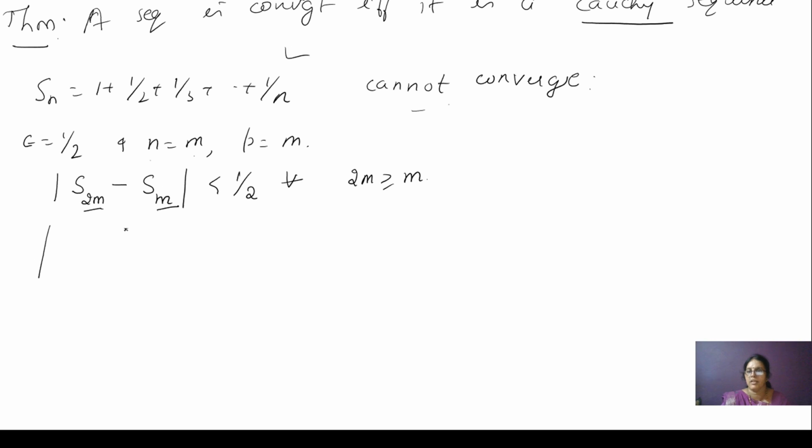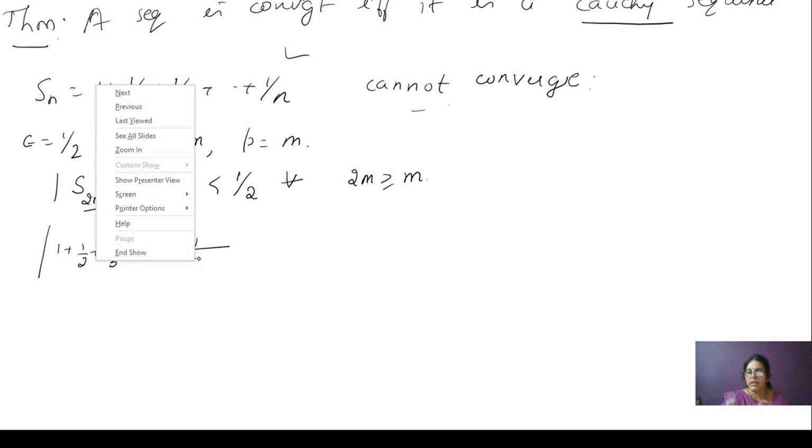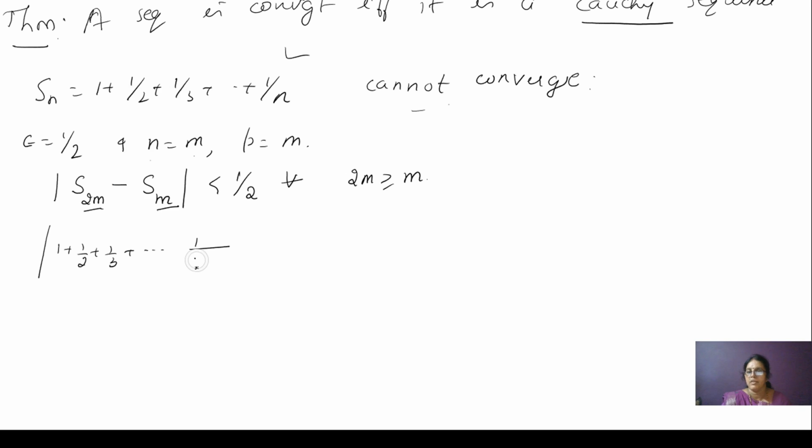This is Sn. So S2m is 1 plus 1 by 2 plus 1 by 3 plus etc. The last term is 2m, which means m plus m. So before S2m we will have 1 by m, and then the last term is 1 by 2m. So up to 1 by 2m it is S2m.